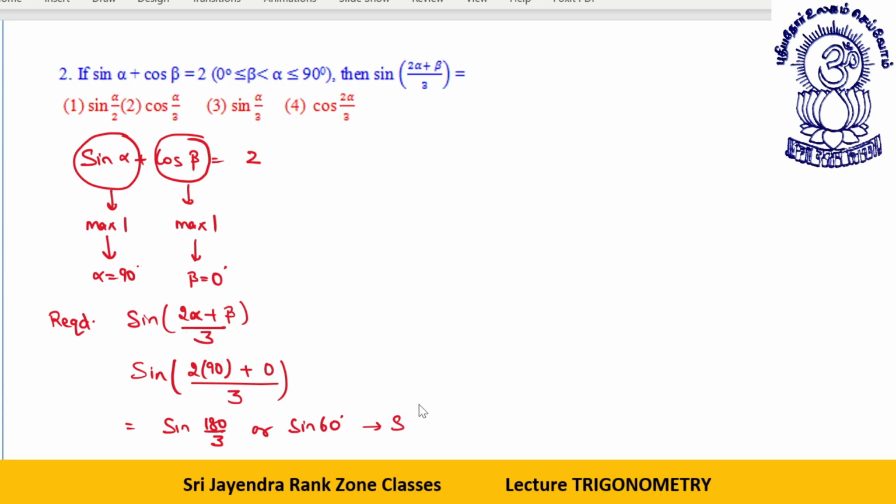This you can say as cos 30 degree. Cos 30 degree means cos 90 by 3, means cos alpha by 3. Okay, good tricky question. Option number 2 is our answer. Fine, dear students. Let's take the next one.